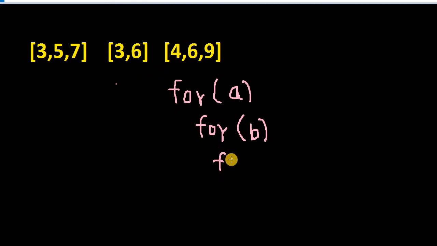And one more for loop for C. Using three for loops, we get all the triplets that can be formed. It will be 3 3 4, 3 6 4, all the possible triplets.